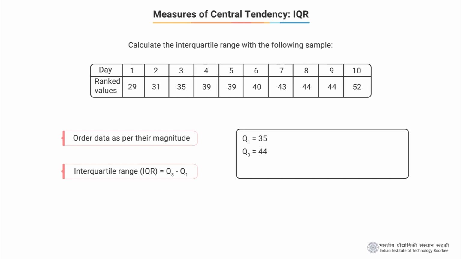We have already calculated this, and therefore the interquartile range is 44 minus 35, that is equal to 9 minutes. Therefore, for our get ready times data, the interquartile range is 9 minutes with the interval from 35 to 44, which is often referred to as the middle 50.